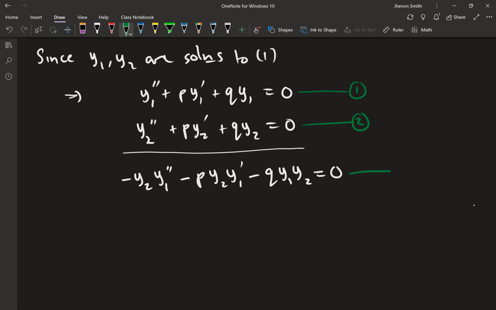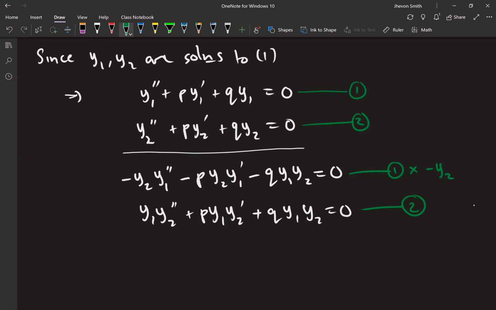So I just took the first equation and I multiplied by minus y2. Why'd you do that, Jhevon? Hold on. Then the second equation, I'm actually going to multiply by positive y1. So I took the second equation, multiplied by y1. Now what you'll notice is that the last term on the left side, q y1 y2, is actually the same in both equations.